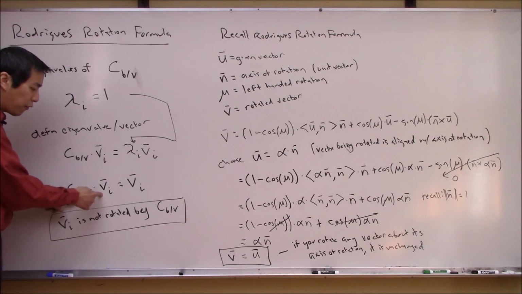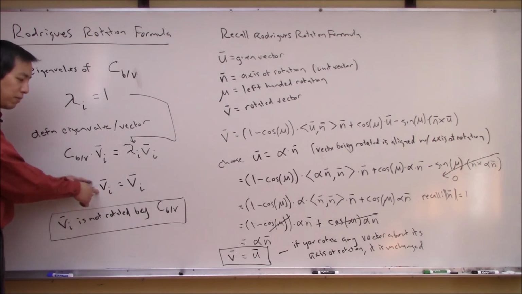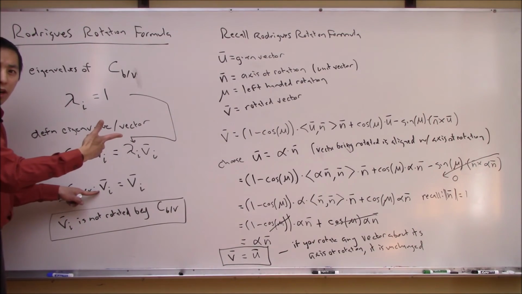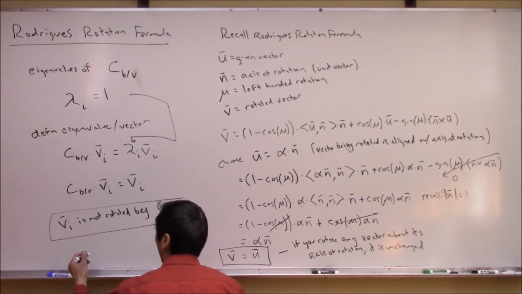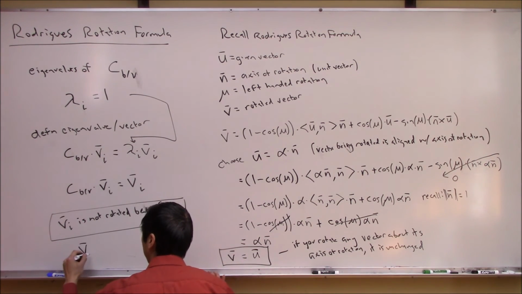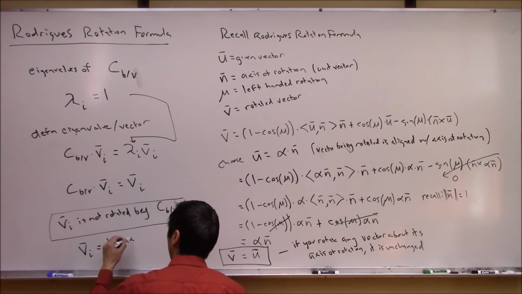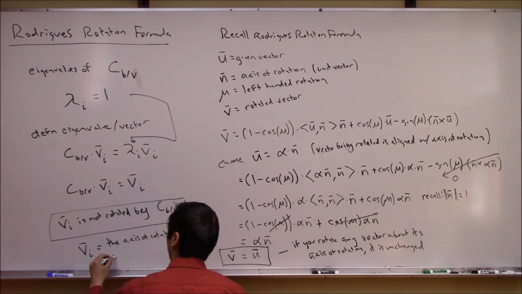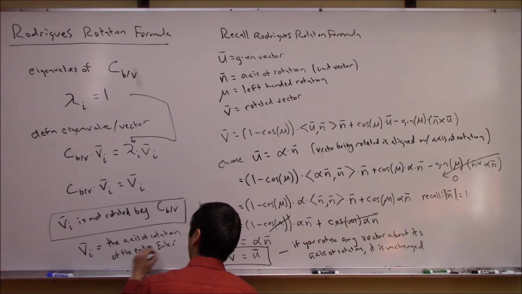Therefore, doesn't that imply that this eigenvector has to be the axis of rotation of this Euler rotation sequence? So we end up here with basically that this eigenvector vi is the axis of rotation of the entire Euler sequence.